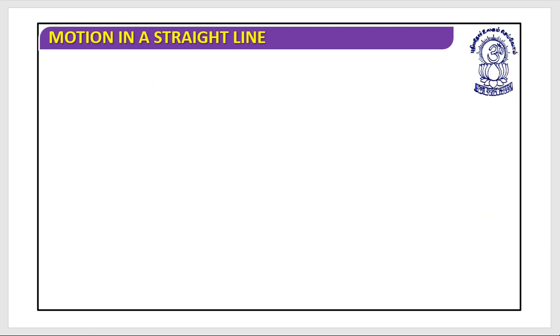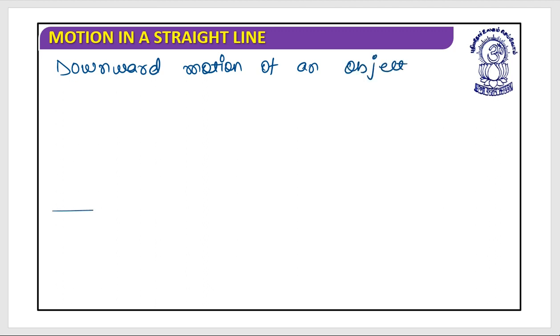Now let's understand the downward motion of an object. Let's say this is height h and it has been traveling from here to here.